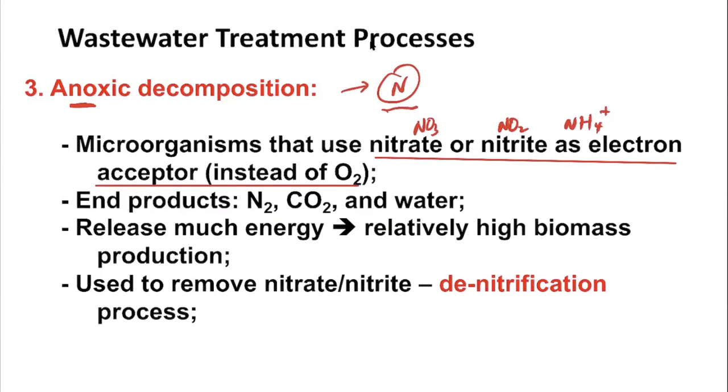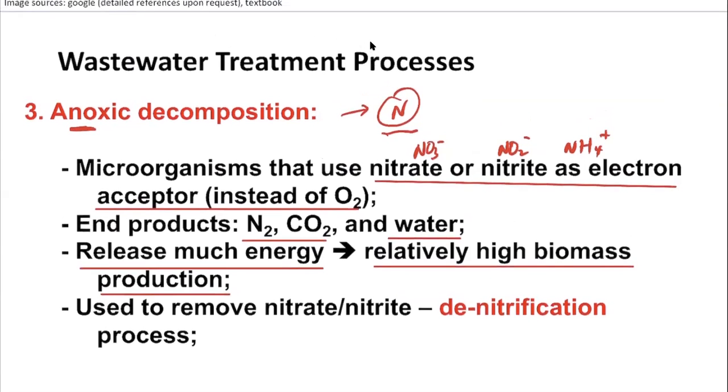So basically, what comes out of it are going to be nitrogen and carbon dioxide and water. So you see that this is also pretty clean. For this process, it also releases a lot of energy, and also it produces relatively high biomass production. So we're going to have a high sludge concentration as well.